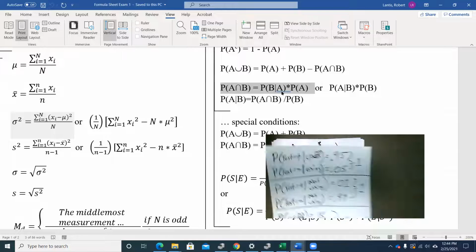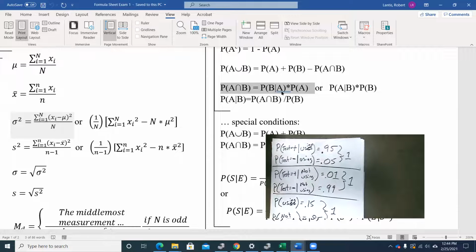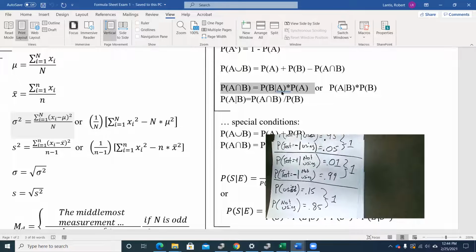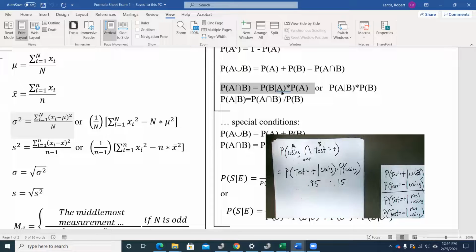I know I put this back because I can't have this all on the same screen. So we just grab those from those earlier probabilities and plug those in, right? Easy as that. So we're going to get what? 0.8 something. No, 0.143. I'm thinking of the next one. So we get 0.143, and we're done, right?